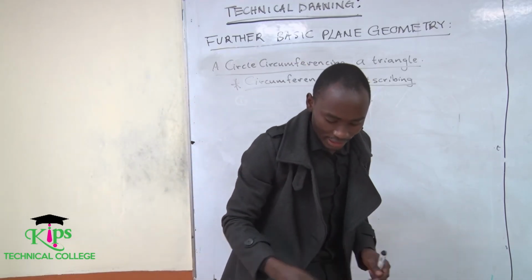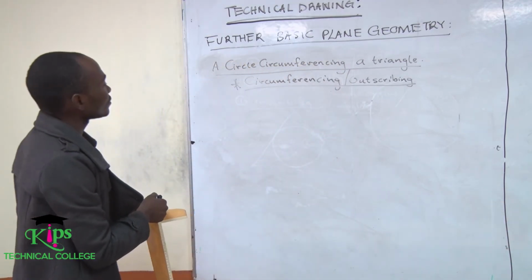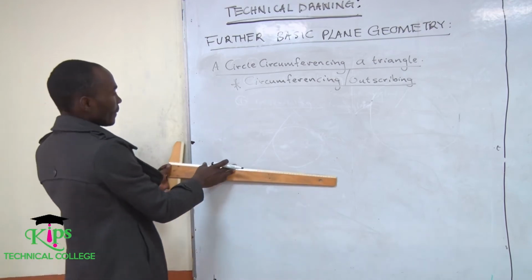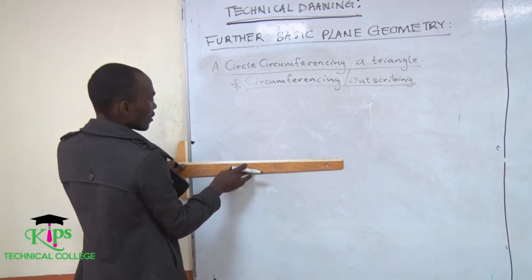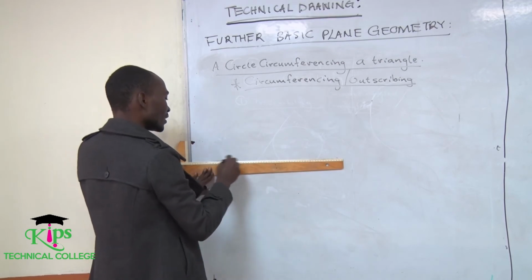So how do we get to draw such a triangle? For instance, let's draw a triangle here. This is my starting line.